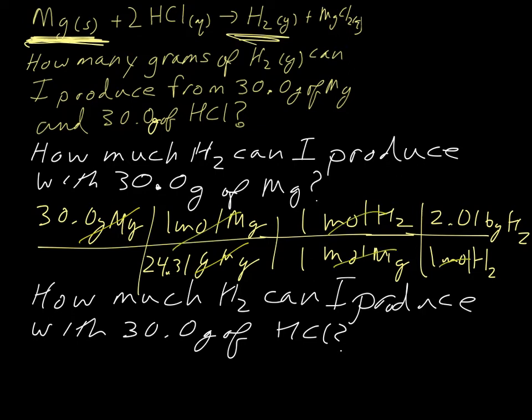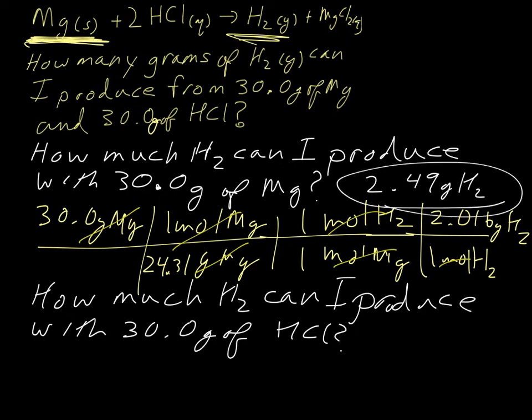I have the units I'm looking for, so I multiply everything on top, divide through by everything on the bottom, and I get 2.49 grams of hydrogen is how much I can produce with 30 grams of magnesium.